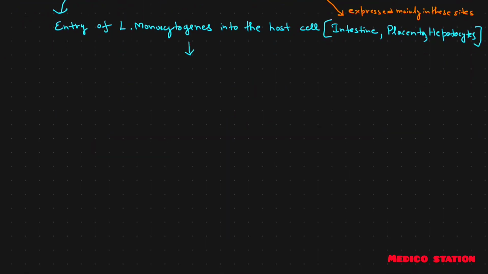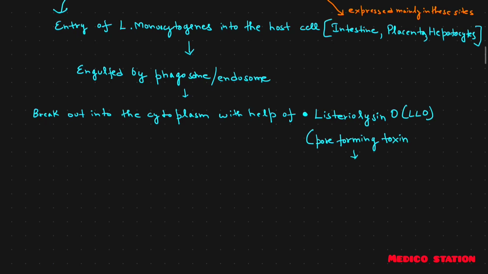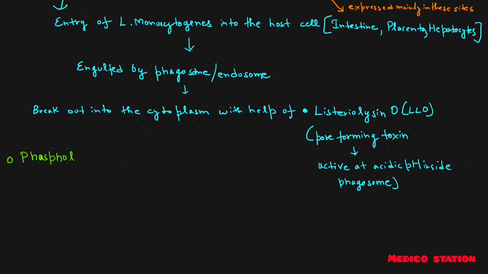After entering the host cell, it is engulfed by the phagosome or endosome, but it breaks out into the cytoplasm with the help of listeriolysin O. It is a pore-forming toxin which is activated at the acidic pH inside the phagosome. Phospholipase A and B also help in breaking the phagosomal membranes.